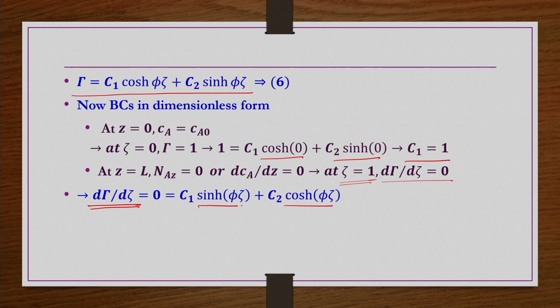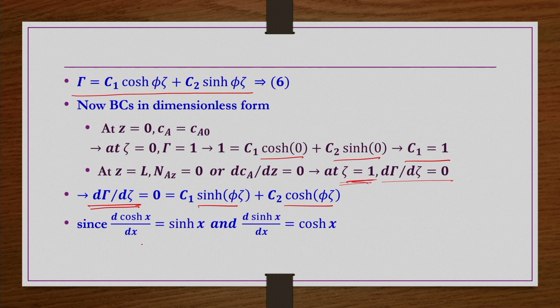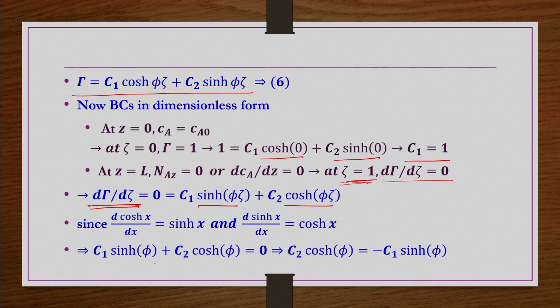So, C1 sin hyperbolic of phi zeta plus C2 cos hyperbolic of phi zeta. Now, zeta is equal to 1, you have to substitute here because it is true at zeta is equal to 1, right. So, that is C1 sin hyperbolic of phi plus C2 cos hyperbolic of phi is equal to 0. That means, C2 cos hyperbolic of phi is equal to minus C1 sin hyperbolic of phi. The C1 is 1. So, that is C2 is nothing but minus tan hyperbolic of phi.